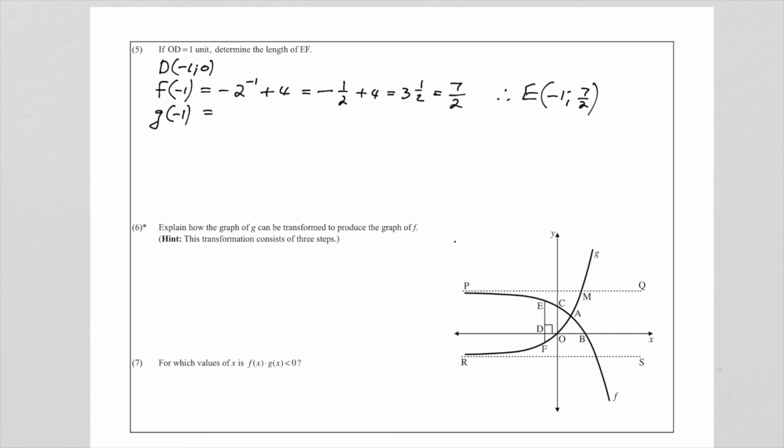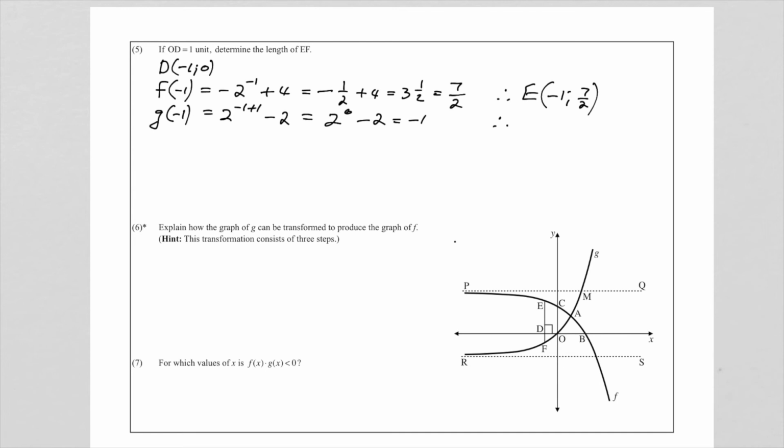And you remember that equation was 2 to the x plus 1, minus 2. So we now get 2 to the -1 plus 1, minus 2. And if we simplify this, -1 plus 1 is 0. So that will give me 2 to the 0 minus 2. And that will leave you with 1 minus 2. And that is -1.